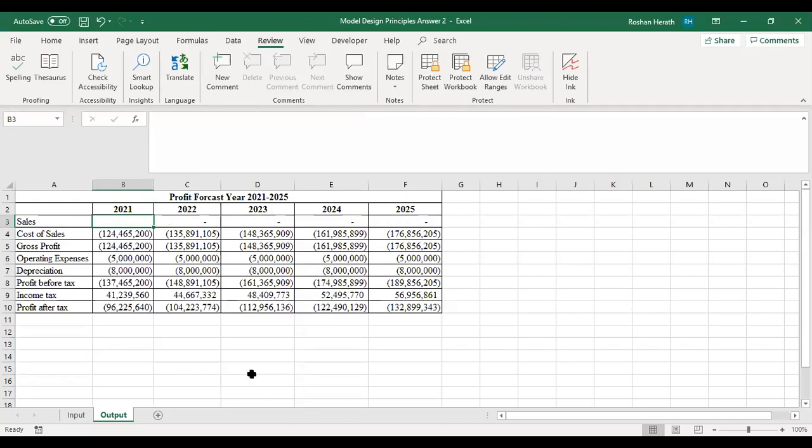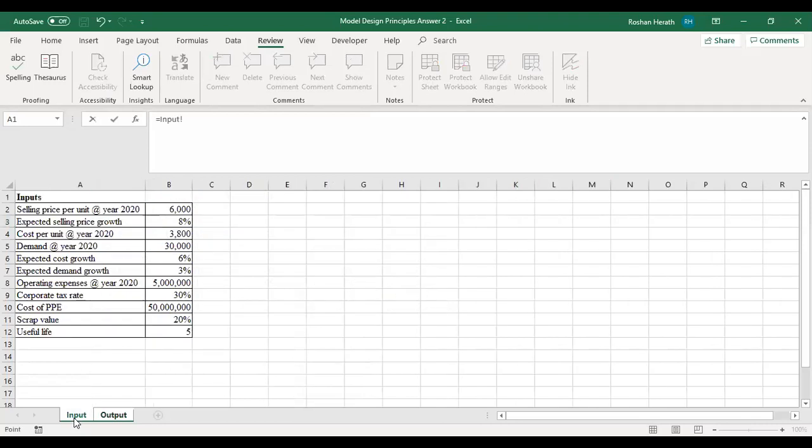So we can take the 2020 price times 1 plus G. Let me go back to the input and get the 2020 price, then multiply by 1 plus the price growth. That is the 2021 price. Then it is all multiplied by the demand quantity, times 1 plus G, the demand growth.